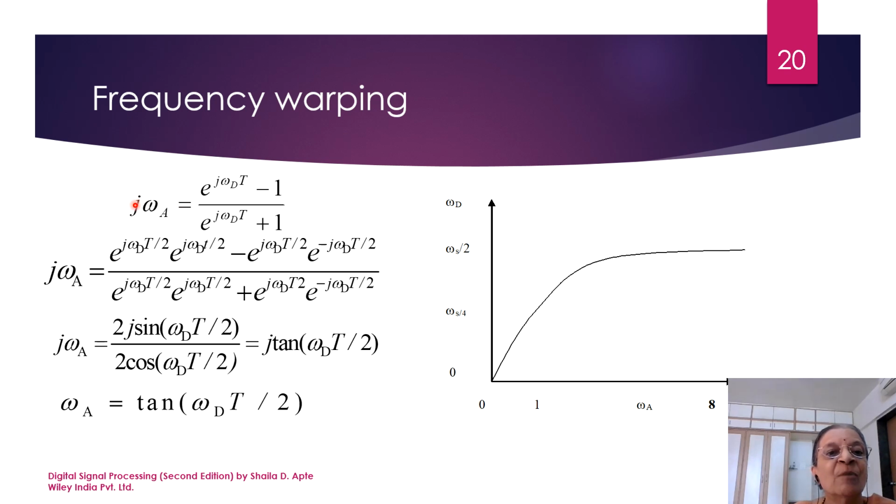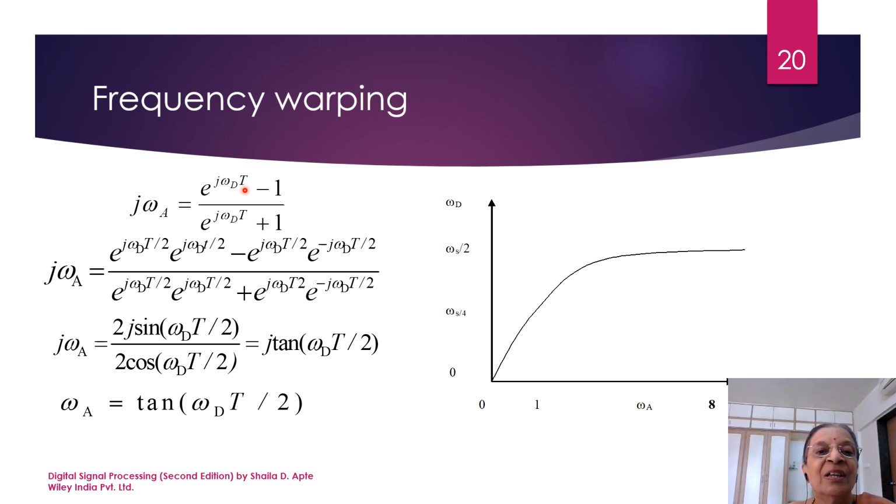So if you consider the mapping, j omega a, that is s, it maps onto z minus 1 upon z plus 1. What is z? z is equal to e raised to j omega d T. Omega d is the digital cutoff frequency, and omega a is the analog cutoff frequency.